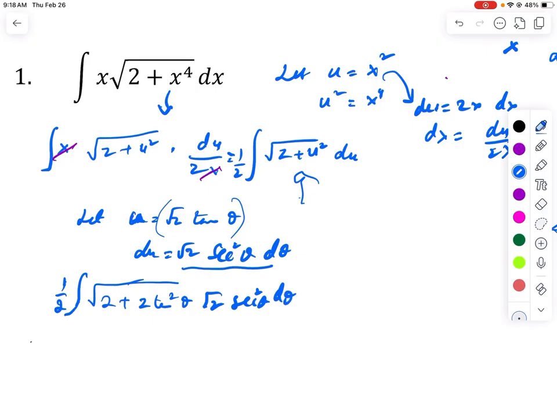This is now equal to square root of 2 over 2, taking this out, times the integral of square root of 2 times secant theta, times secant squared theta d theta.